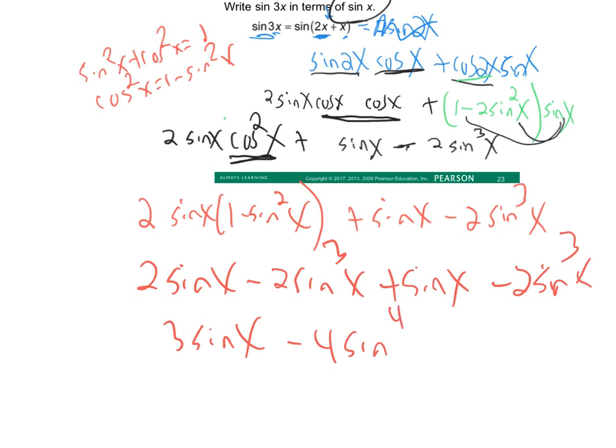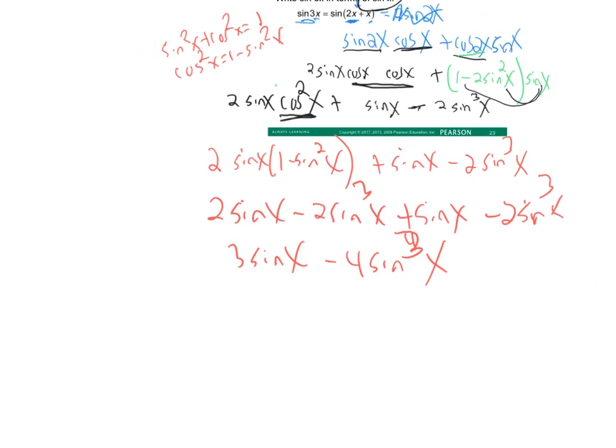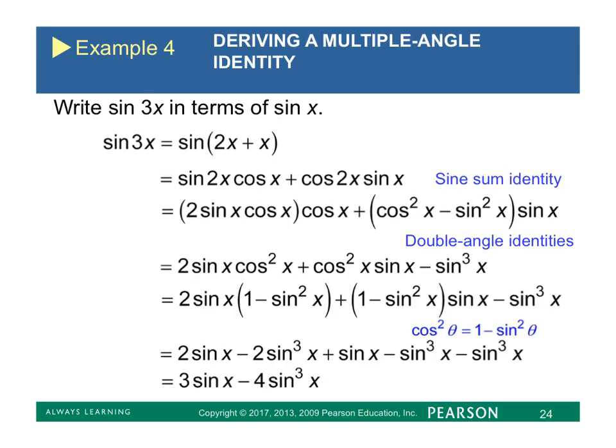No, minus 4 sine cubed x. Well, all I have is sine x's in there. So I hope that's it. Take a look. There it is. A lot of work.